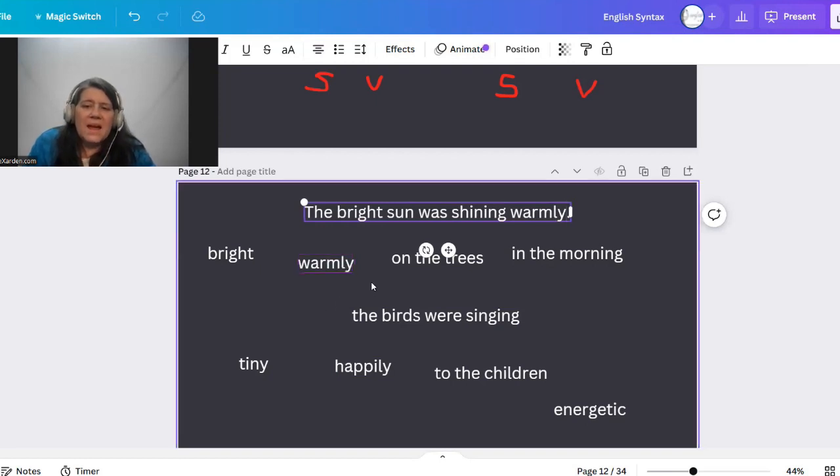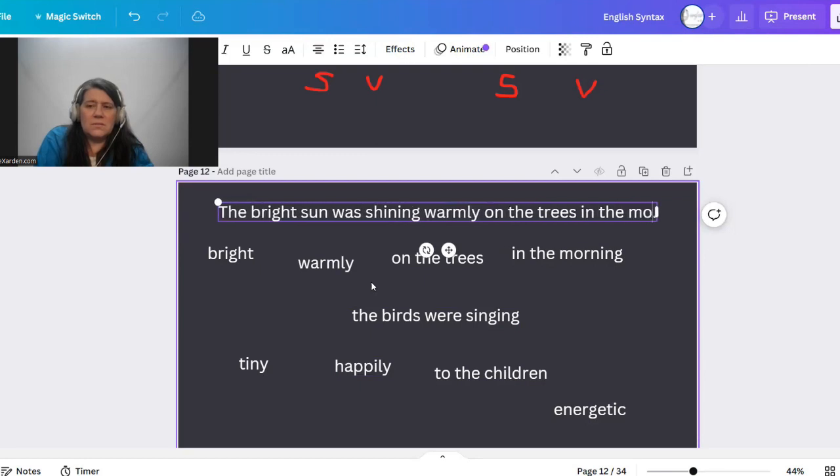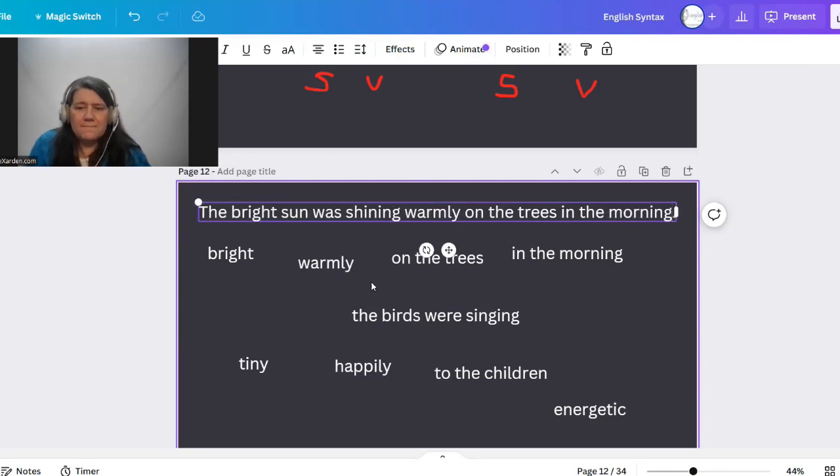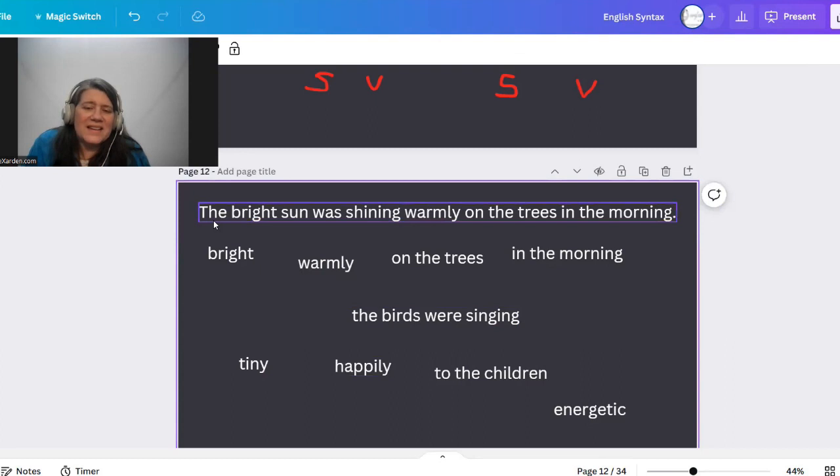Okay? Where and then when. Okay? So here we have a simple sentence. This is still one clause. It's an independent clause. The bright sun was shining warmly on the trees in the morning.